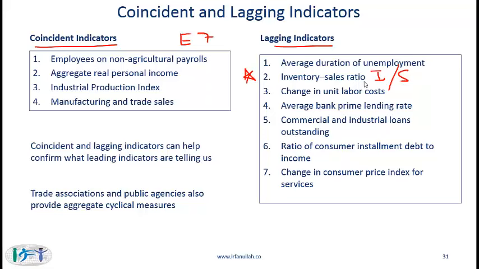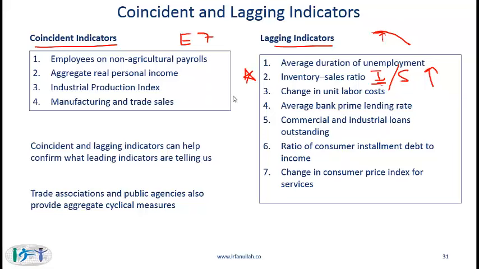I'll just make a simplistic point here that once a business downturn starts, after that the inventory numbers start to increase because inventory level builds up as production initially stays roughly the same and the sales numbers come down. So this number goes up or peaks after the business cycle has peaked. Therefore, this is a lagging indicator.